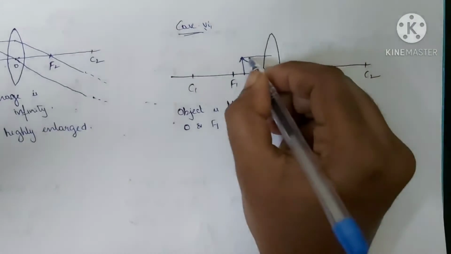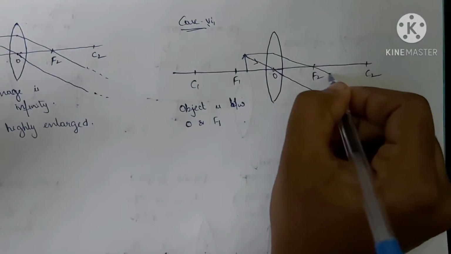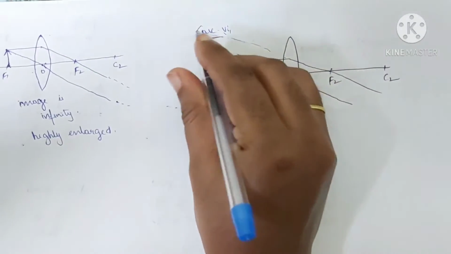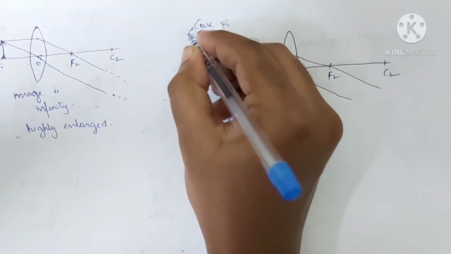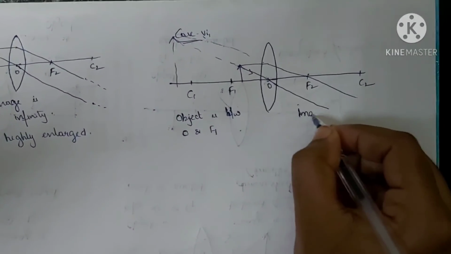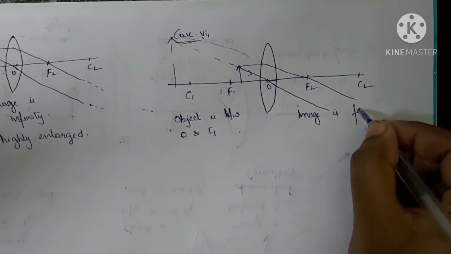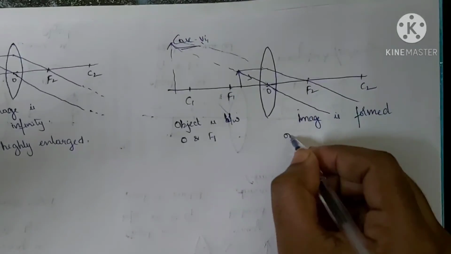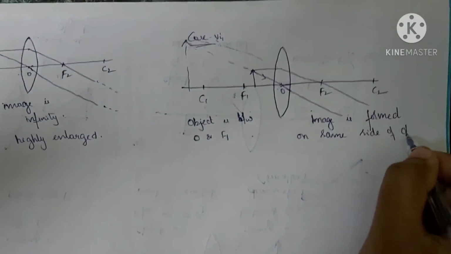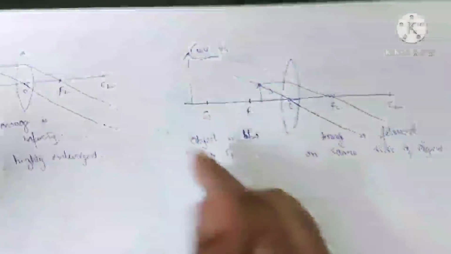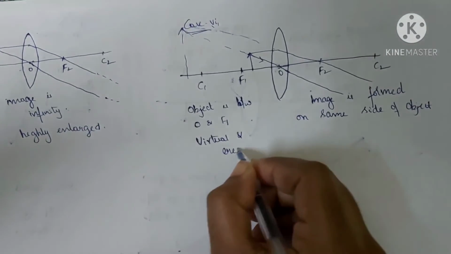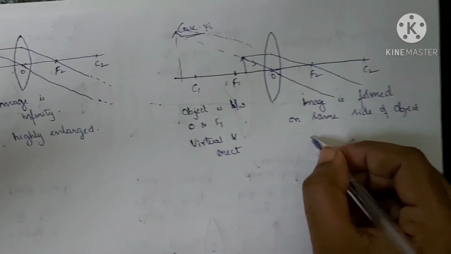The refracted rays diverge, so the point appears to meet on the same side of the lens. So the image is formed on the same side as the object. And what will be the nature? Virtual and erect. The size would be highly enlarged.